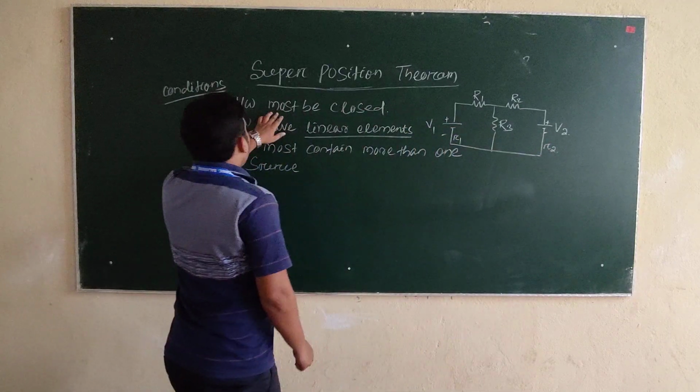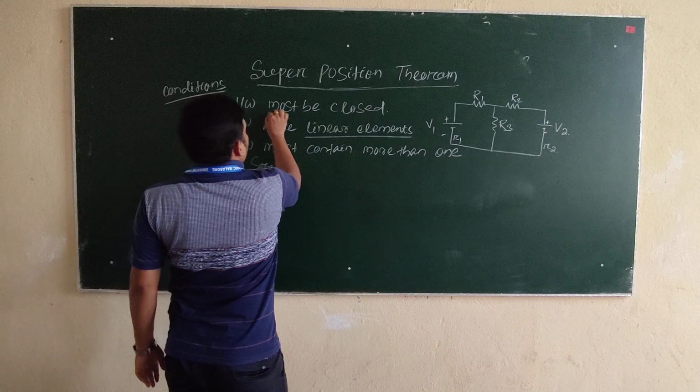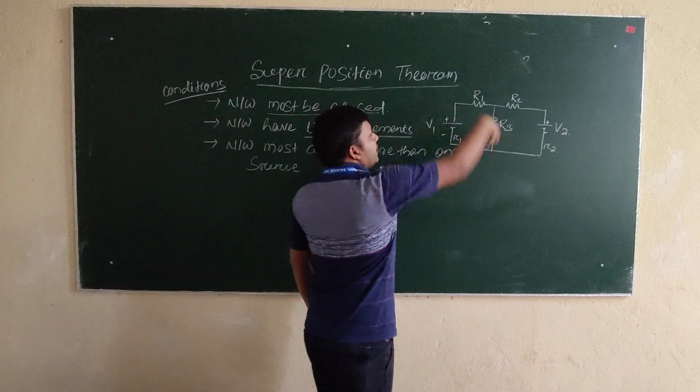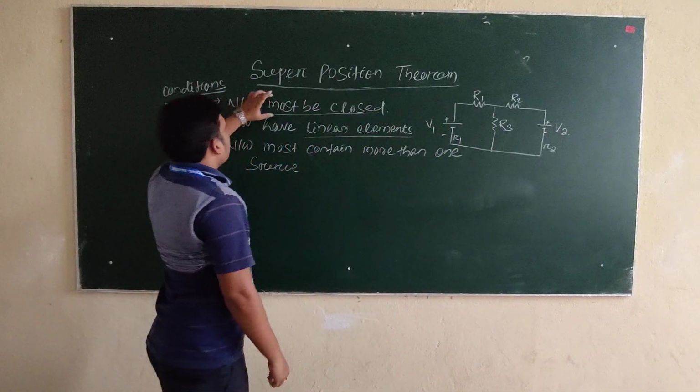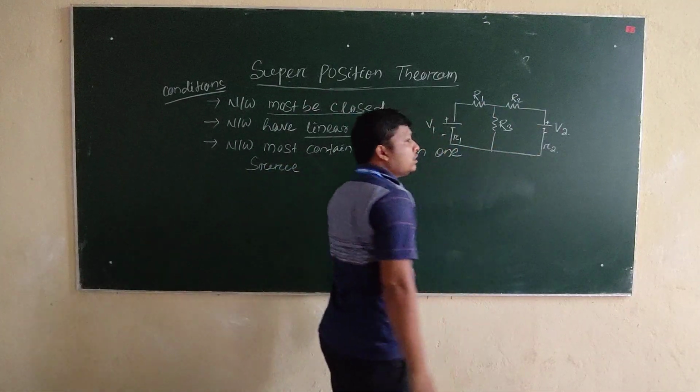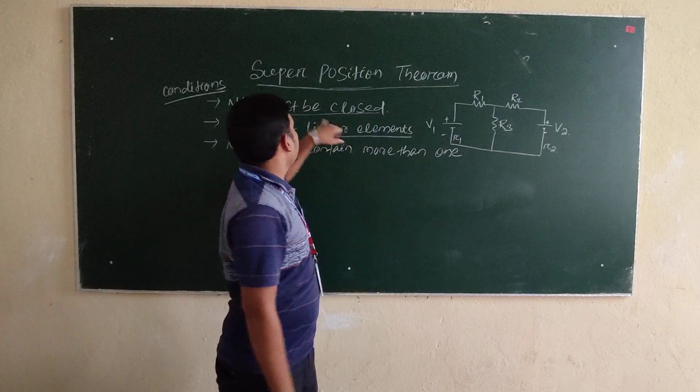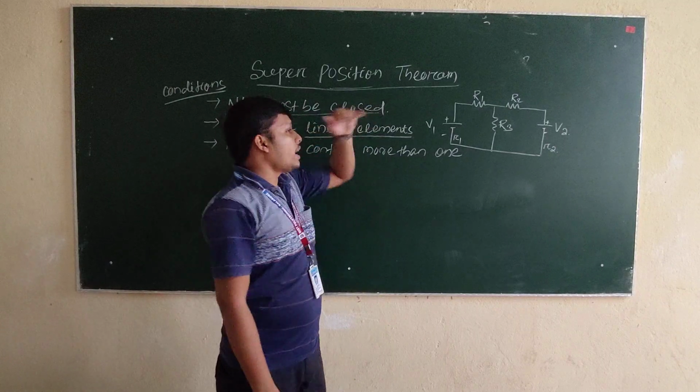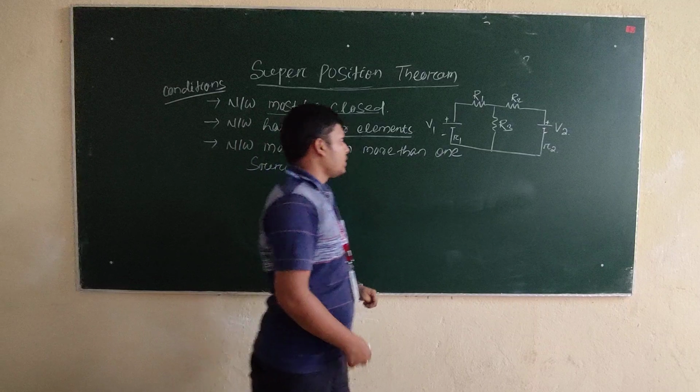The first condition is that it must be a closed network. This network or circuit must be closed, and this network is a closed circuit. How do we know whether the network is closed or open?